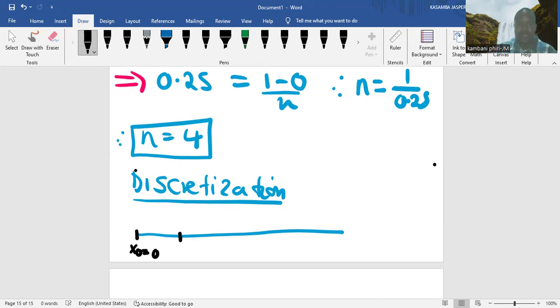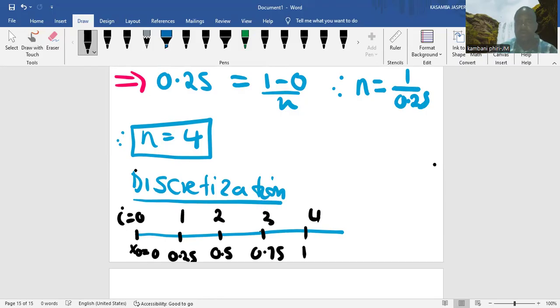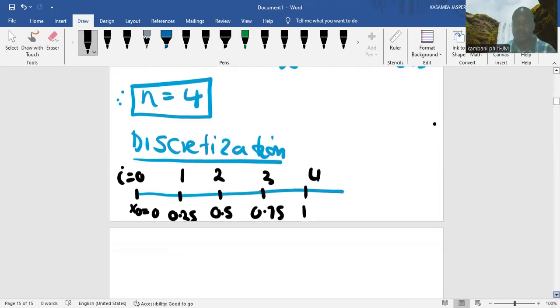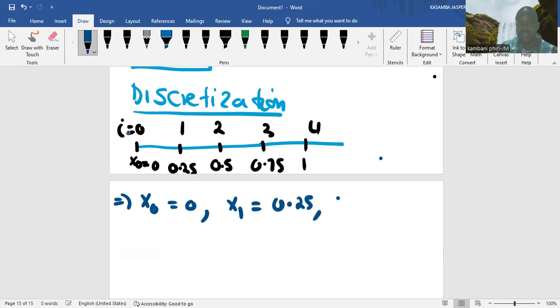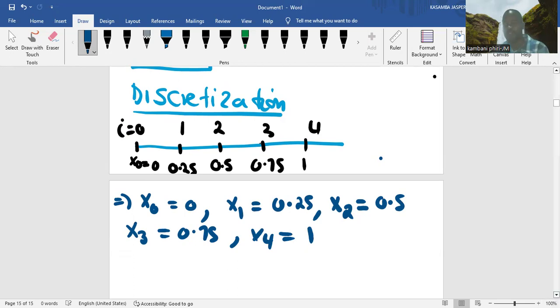Then x1 is 0.25, the step size, then we'll have 0.5, then 0.75, and lastly we'll have 1. From 0, 1, 2, 3, 4, which is our number of intervals. So our x naught is 0, our x1 is 0.25, our x2 is 0.5, our x3 is 0.75, and our x4 is 1.